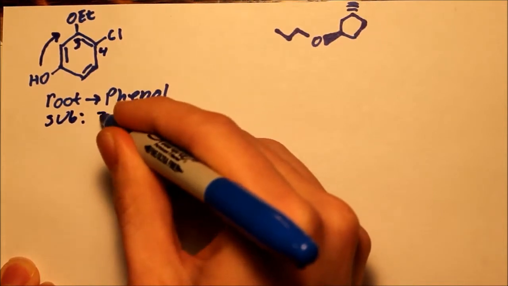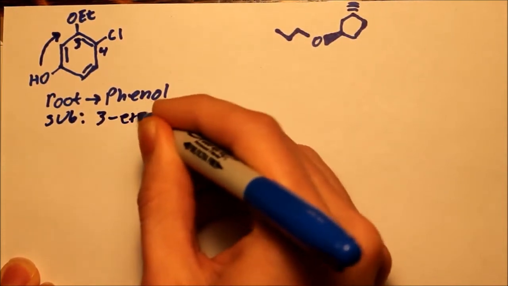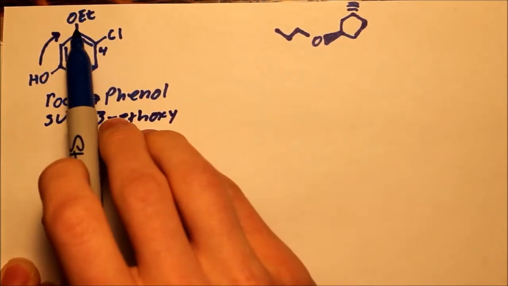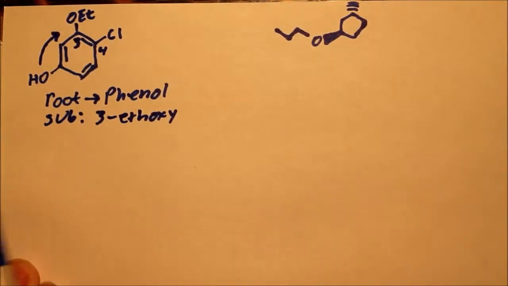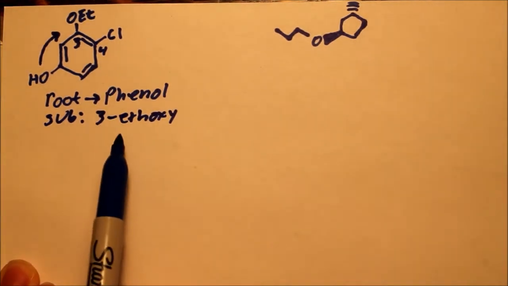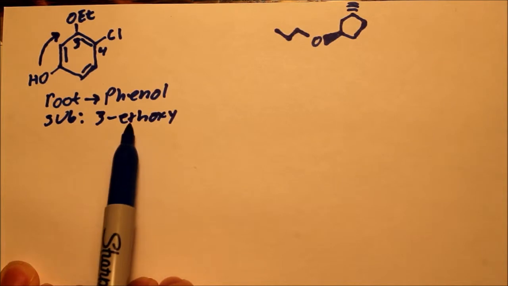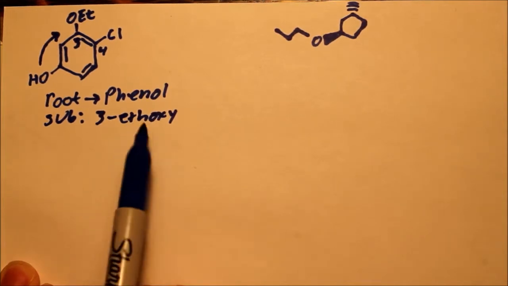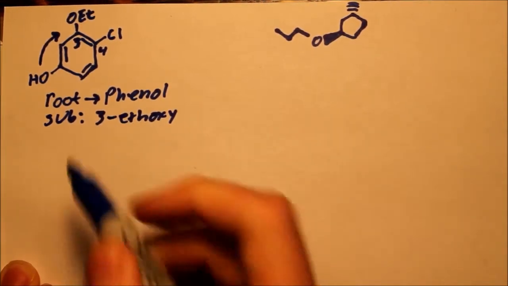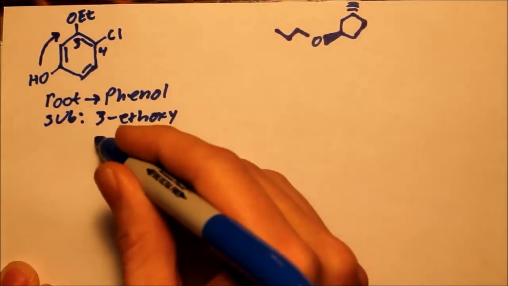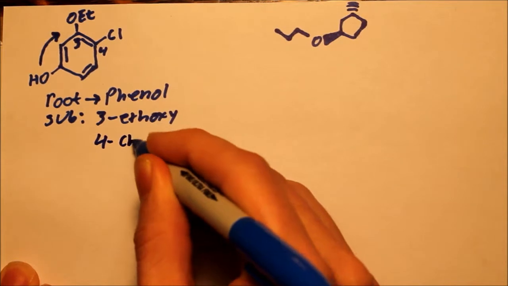We have a 3-ethoxy because we have an ethyl group attached. That's what this ETH means. And so we just know that we have the alkoxy substituents. So ethane or ethyl, so ethoxy. Our other substituent is on our 4th carbon, which is chloro. So 4-chloro.